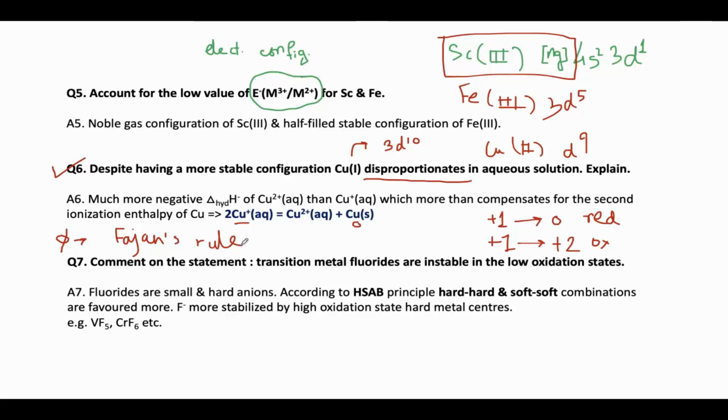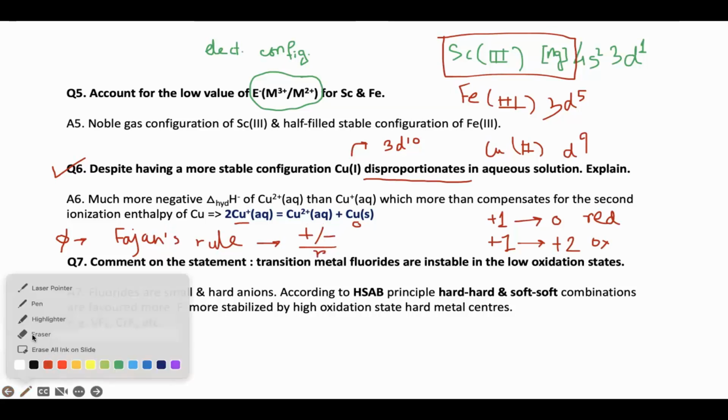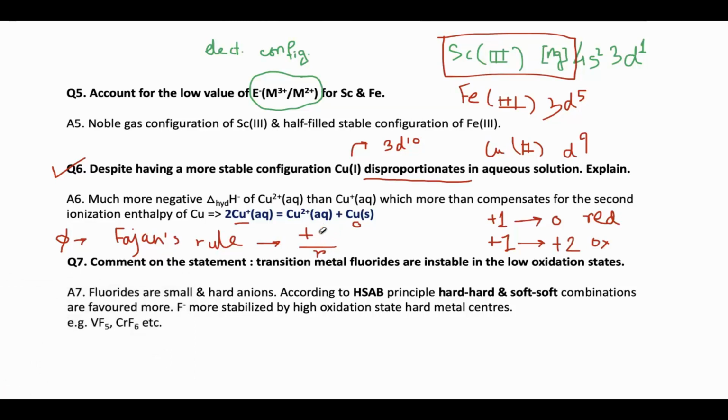If a cation has an ionic potential, this ionic potential, phi, can be denoted by the cationic charge divided by the radius. Since cations are discussed here, I will omit the negative sign. So it is mainly the charge by the radius.